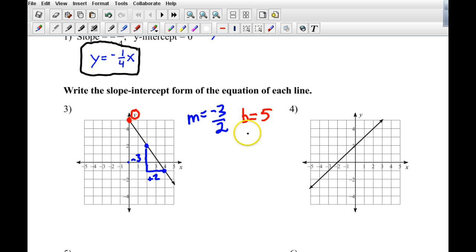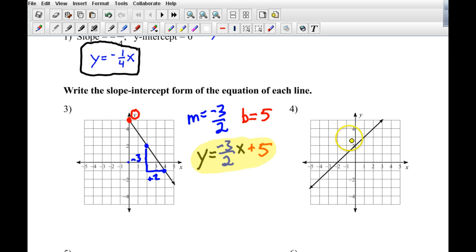So b equals 5. And then you can write your equation. Y equals negative 3 over 2, and that's where you put the x after the slope. And then plus 5. So that's the completed equation right there.